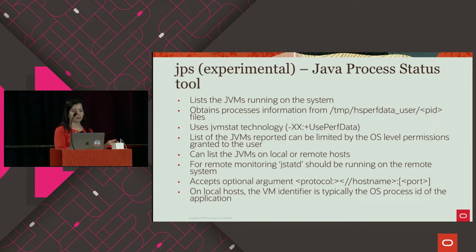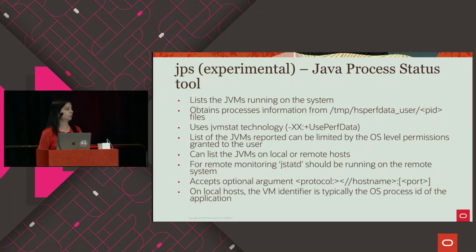So when JPS needs to connect to this remote process, you need to provide the protocol name, host name and port number. By default, the protocol used is RMI and the port is, I believe, 1099. On localhost, the VM identifier which is printed by this tool is typically the OS process ID.